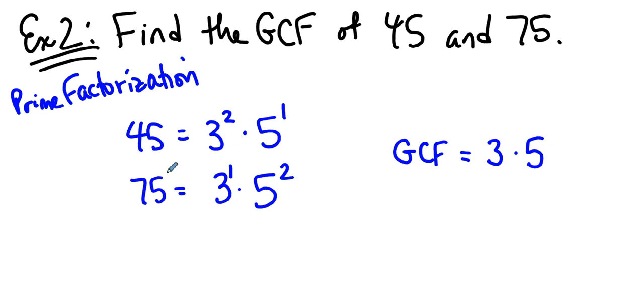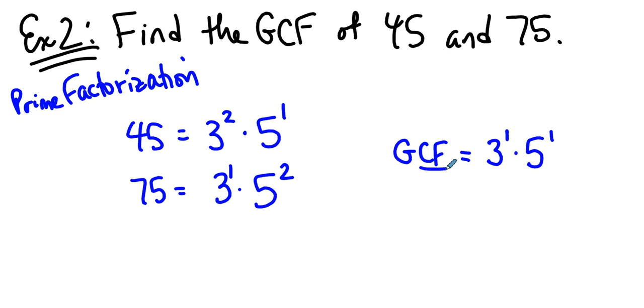Well, 75 doesn't have 2 factors of 3, it only has 1. And so we use 1. 45 doesn't have 2 factors of 5, it only has 1. So we use 1. Why does that make sense? Well, we want the factor to be a common factor.